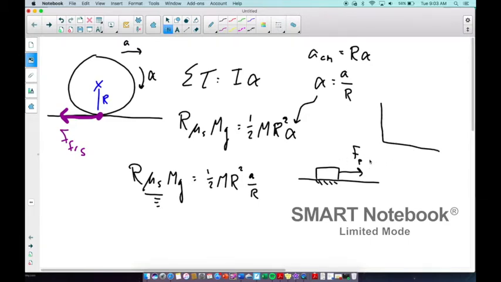Well, if you are steadily increasing your pulling force as time goes on, we know that maybe at a certain time you're pulling with a certain strength, and the static friction force exactly counteracts that because the box is not moving, so the acceleration is 0.